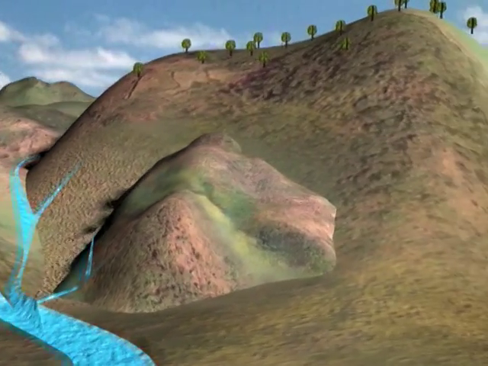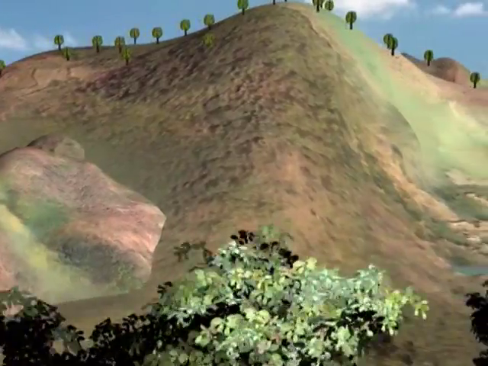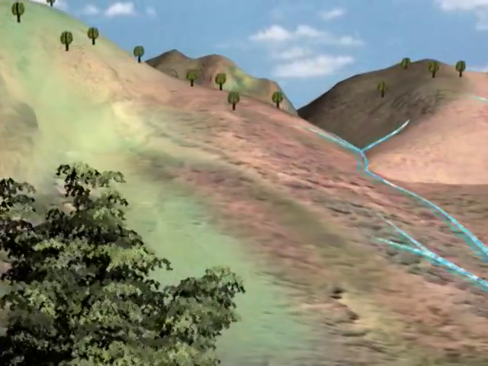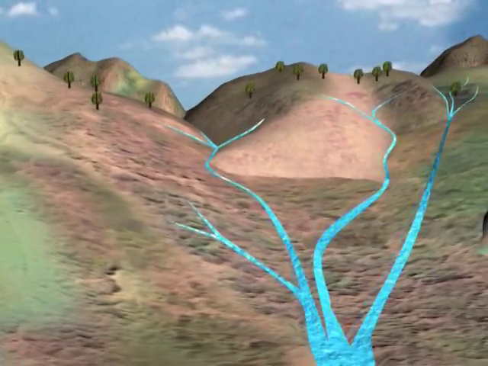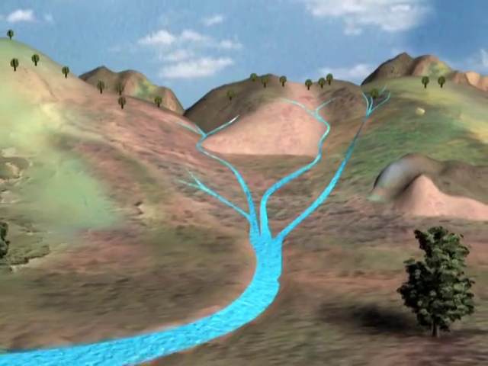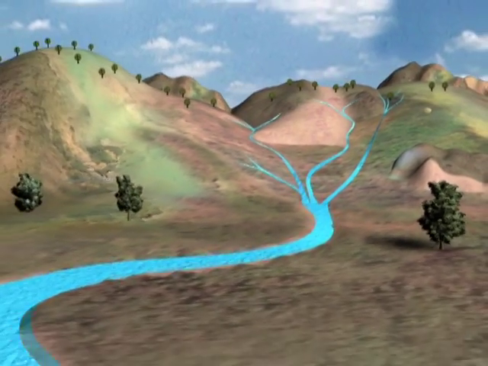So the hills, valleys, forests and fields that encircle the falling rain and guide it to streams and rivers all form the enclosure that is the watershed, the catchment area where a river catches its water.